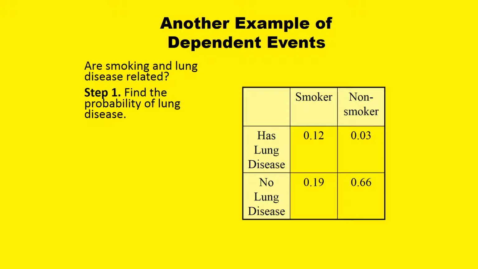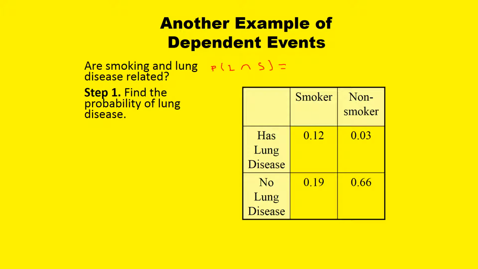So we're going to find the probability of lung disease. Okay, now, are they related to each other? So we're going to take one of those definitions. For example, maybe this one, probability lung disease and smoking.